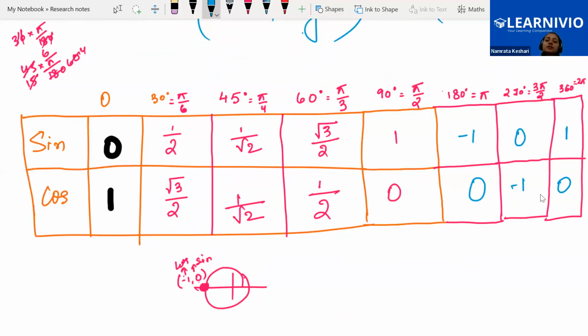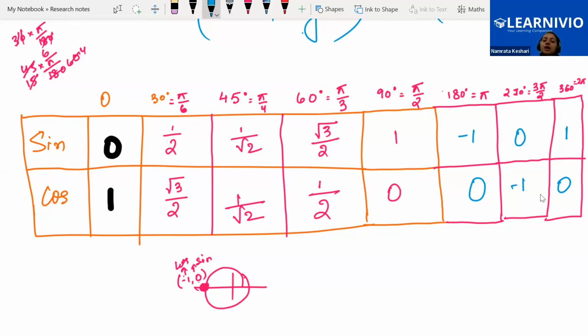And hence we are done with the extended table, and that too in radian. Now we will not be using the angles in degrees every time; we will be habituated to radian angles. Whenever we want to say 30 degree, we will say pi by 6. Whenever we want to say 90 degree, we will say pi by 2. Whenever we want to say 60 degree, we will say pi by 3.